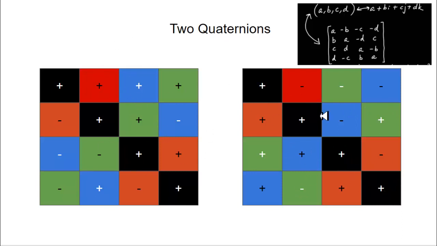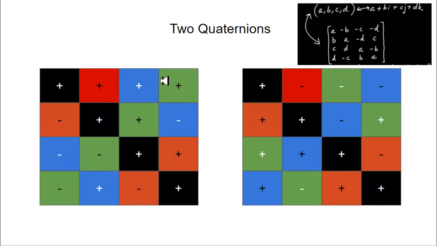Mine is almost the complex conjugate of this, only my blue and my green are flipped. If I use my convention and put green here and blue here, so this would be real, i, j, and k, so red, green, and blue.